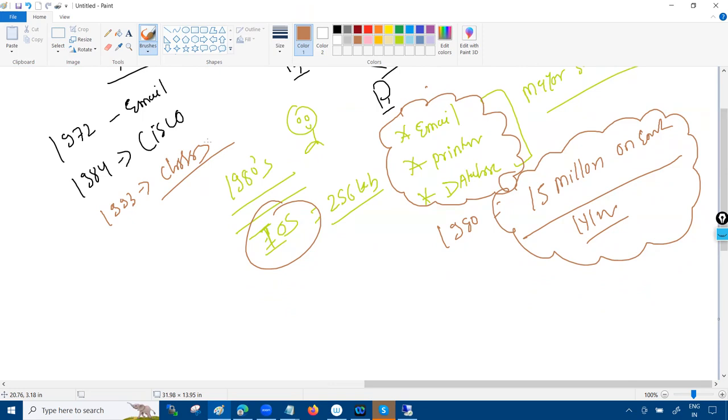In 1995 or 1996, I think, they came with the concept called RFC 1918, the private IP addresses range. See how gradually, at that time, the internet was increasing, right? 1996.